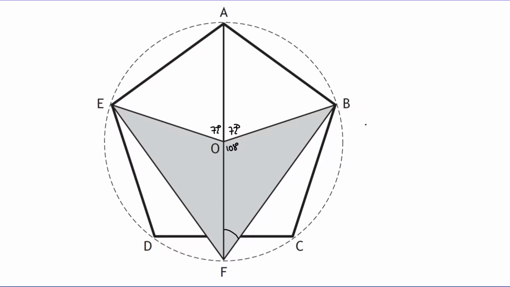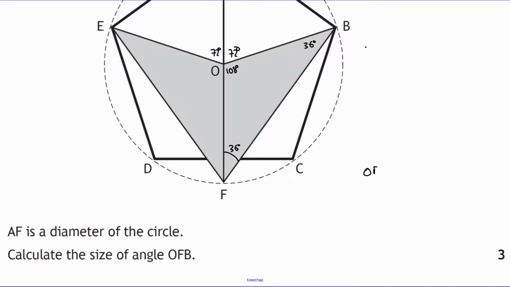So if we have 180 degrees in a triangle, 180, take away the 108 degrees, would be 72. We split that equally, that tells us there has to be 36 degrees here and 36 degrees here. So the angle we're looking for, OFB, is going to be 36 degrees.